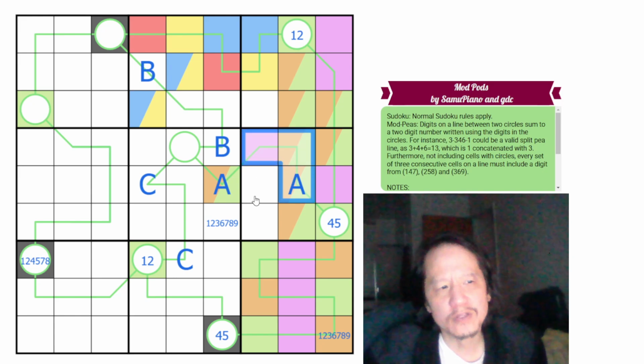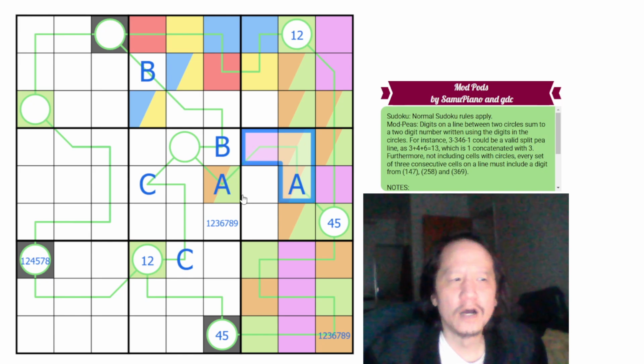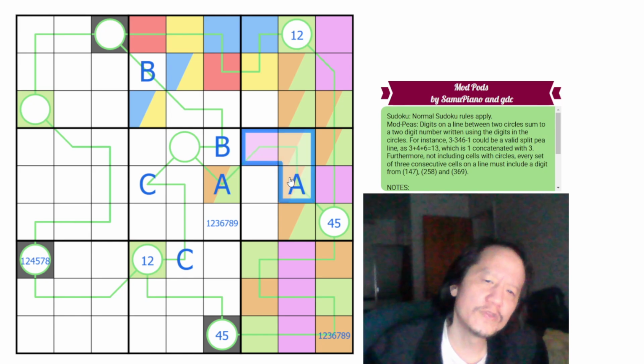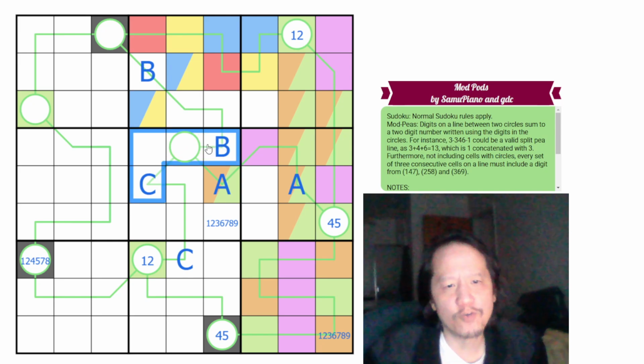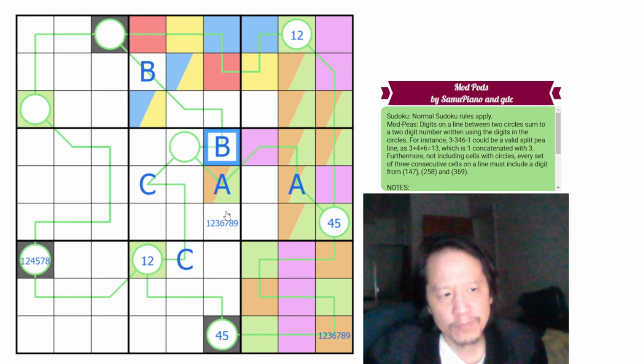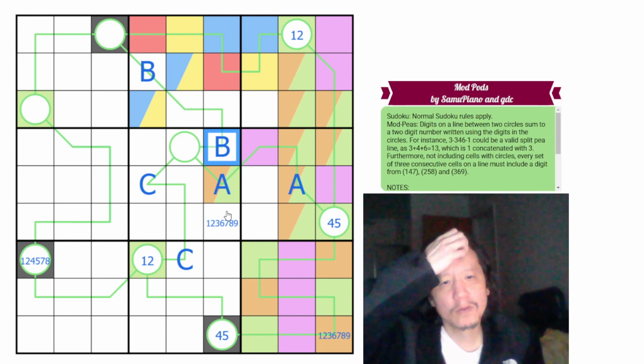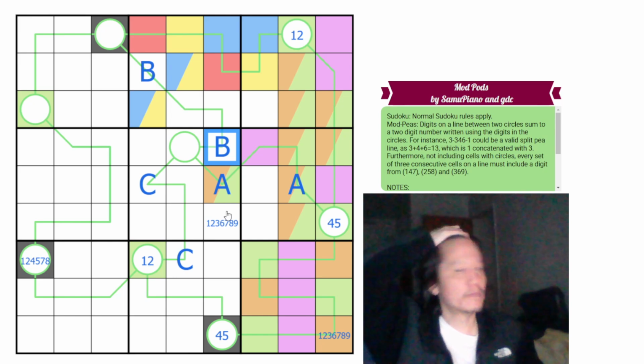But it has to be though, right? No, well, 3 and 1. 3 and 1. Well, we know that can't be the case because we have four A's then, if that's the case.